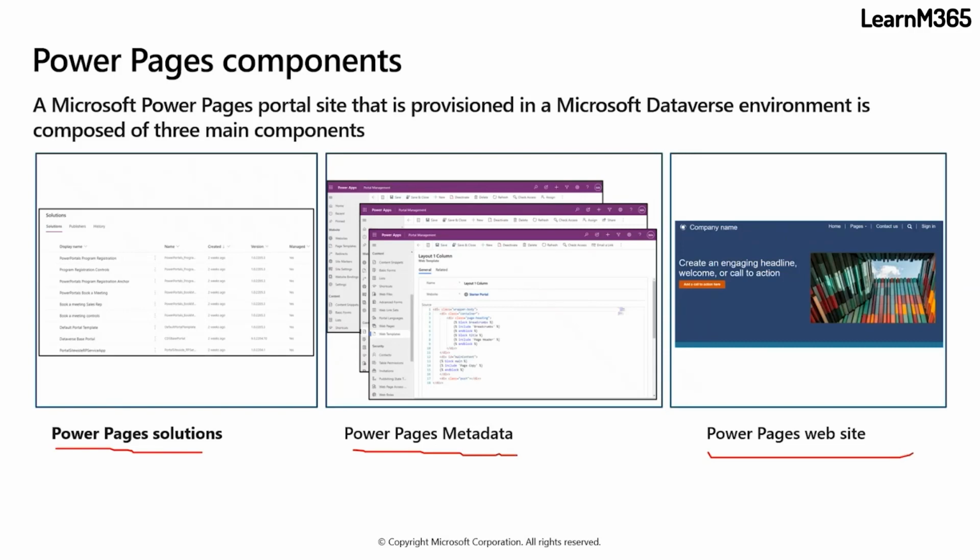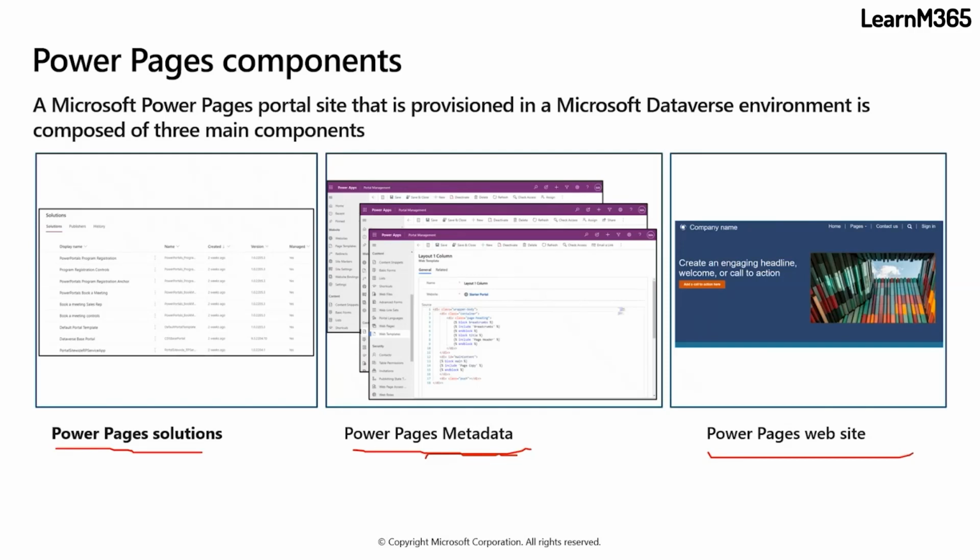If I'm talking about metadata here, so Power Pages metadata will describe the portal website, web pages, web templates, code snippets, basic forms, advanced forms, list, site settings, and other configuration data.